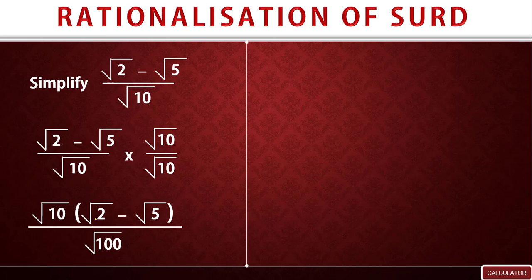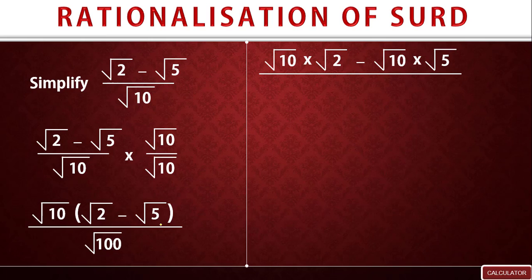So the next thing we need to do now is to open this bracket. This root 10 will multiply root 2, and then this root 10 will also multiply the root 5. So we have root 10 times root 2, minus root 10 times root 5, all over root 100.